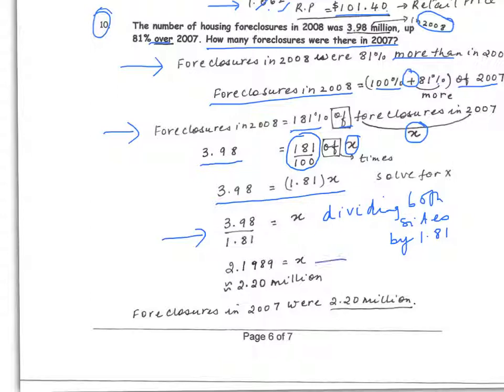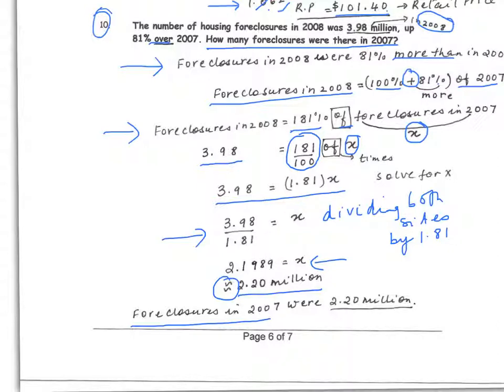Using the calculator, this simplifies to 2.1989, which is approximately equal to, so this is the symbol for approximately equal to, 2.20 million. So foreclosures in 2007 were 2.20 million.